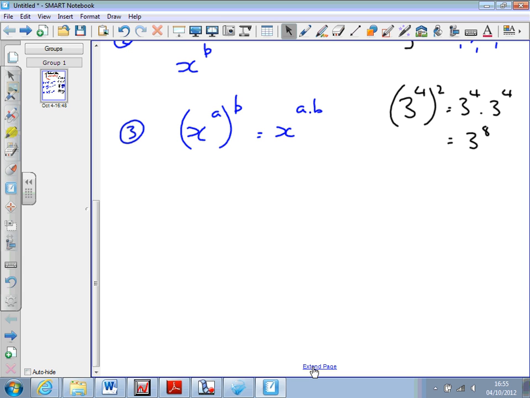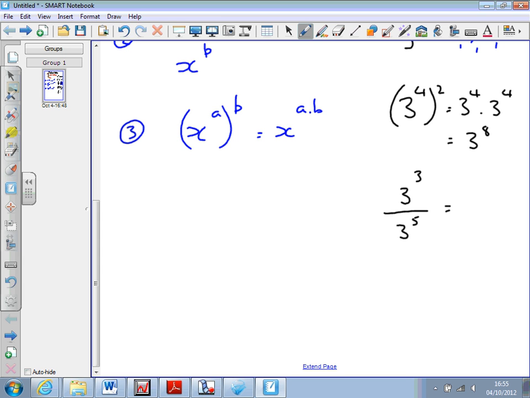Then things start to get a bit more interesting, and we end up with two laws that, as far as calculus is concerned, are the two main laws that we use. The first one, if I think of an example, say 3 to the power 3 divided by 3 to the power 5.